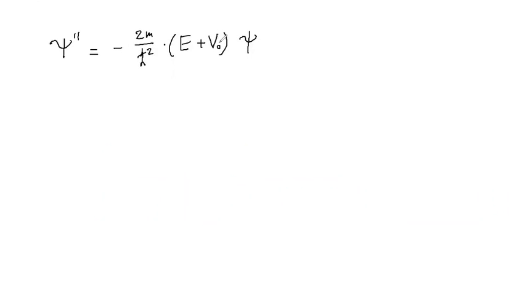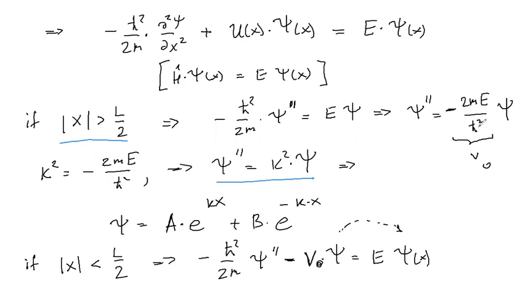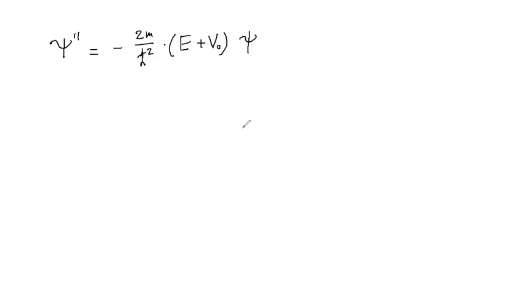But there is something very different now. Before, this coefficient was positive, because energy was negative. What about now? Is this coefficient positive or negative? The energy is negative, but V naught is positive. V naught plus energy, this combination, is going to be positive or negative? Just the brackets.